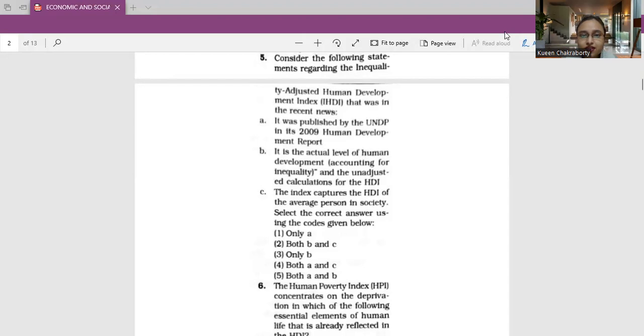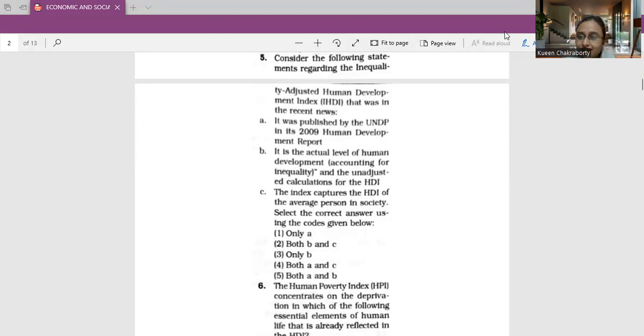So the question is, consider the following statements regarding the Inequality Adjusted Human Development Index, IHDI basically, that was in the recent news. The three options that we have here are: A, it was published by the UNDP in its 2009 Human Development Report.